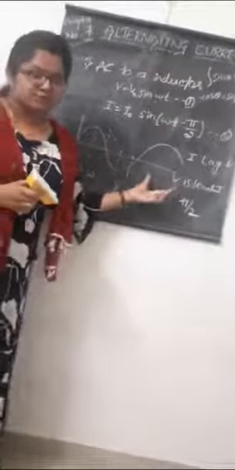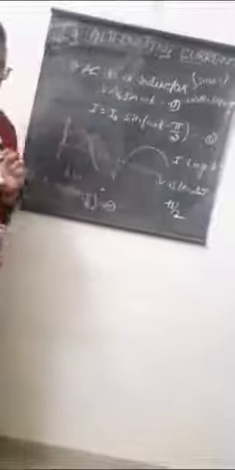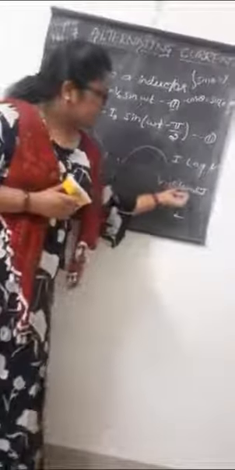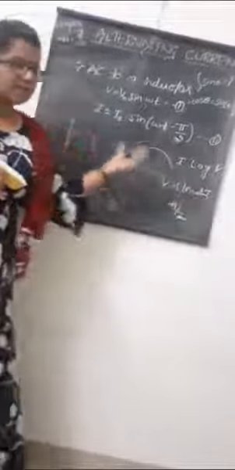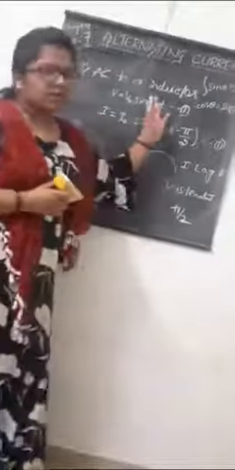So this is the importance of the concept of phase difference. So in this inductive circuit, the current is lagging voltage by the phase difference pi by 2, or also you can say voltage is leading current by the radian pi by 2. So this is the conclusive statement of the inductive circuit.